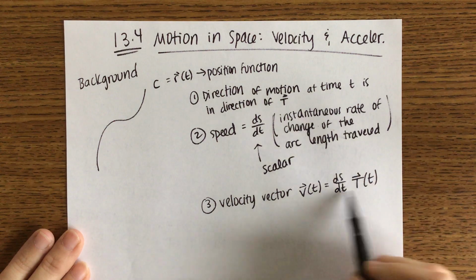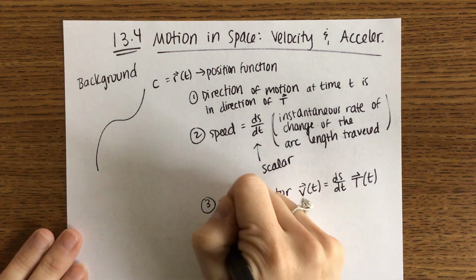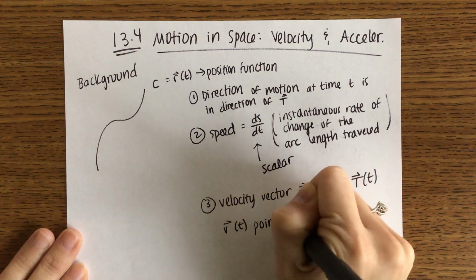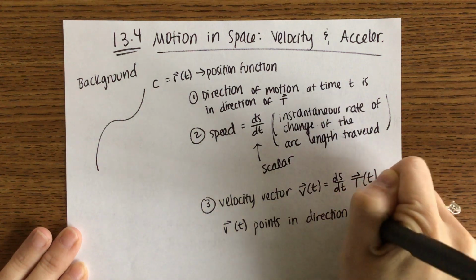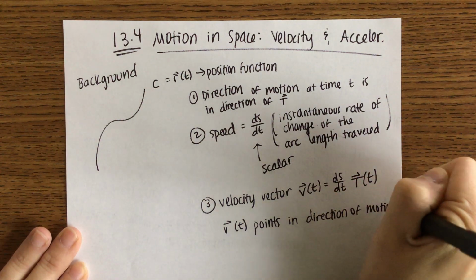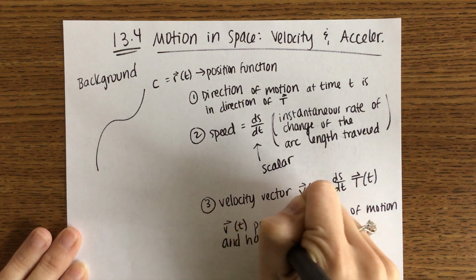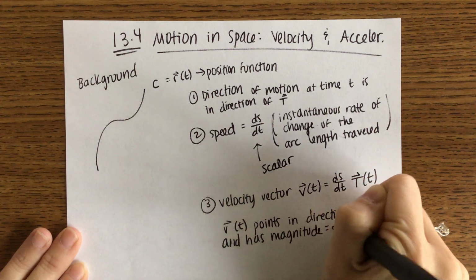So this will tell us the direction and then the magnitude. That'll give us the velocity vector. v of t points in the direction of motion and has magnitude equal to the speed of the particle.